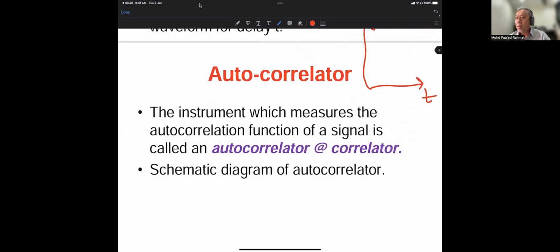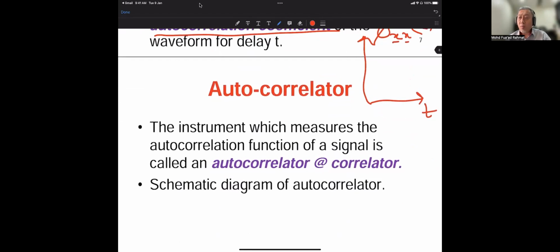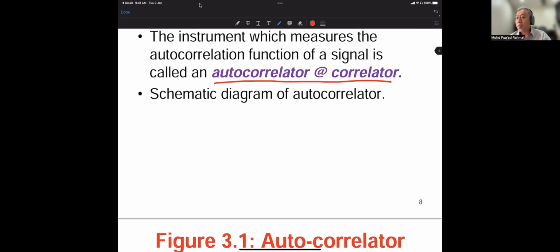We can calculate autocorrelations either using software or using hardware. If you have more budget, we can go for instruments provided by Hewlett-Packard, Feedback, and so on, known as the autocorrelator or correlator.